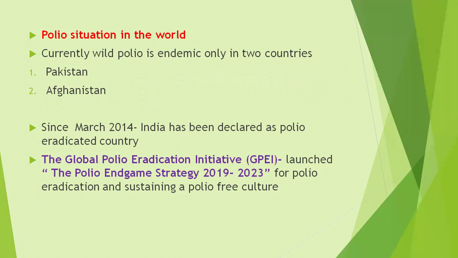Polio situation in the world: currently polio is endemic in only 2 countries, Pakistan and Afghanistan. Polio has been eradicated from India. Since March 2014, there have been no polio cases, so WHO declared that India is free from polio.